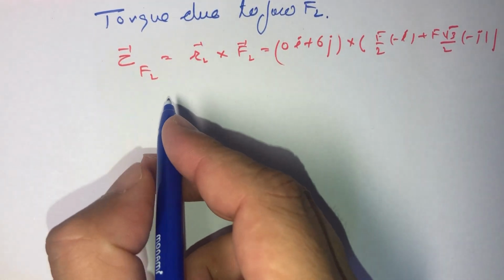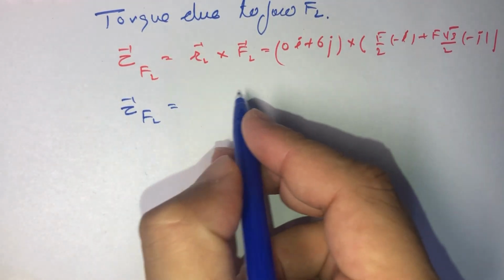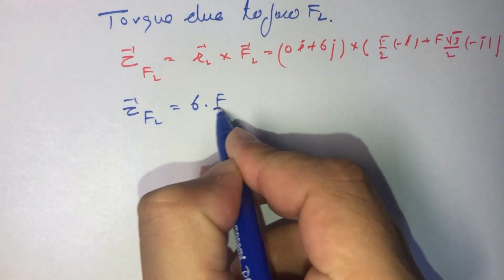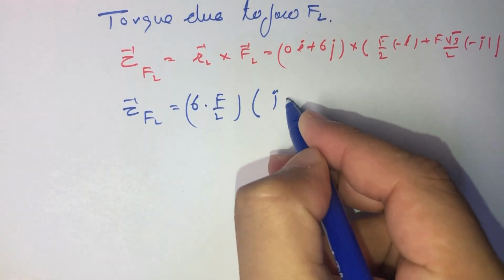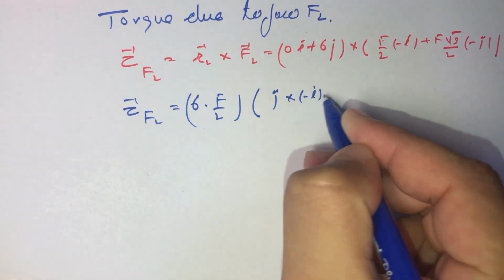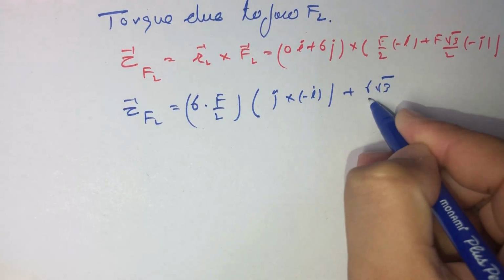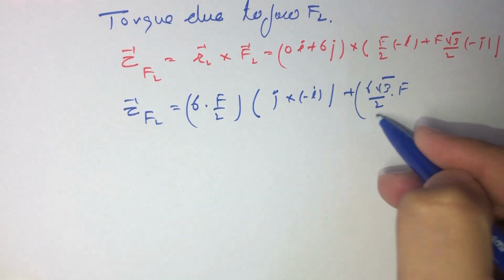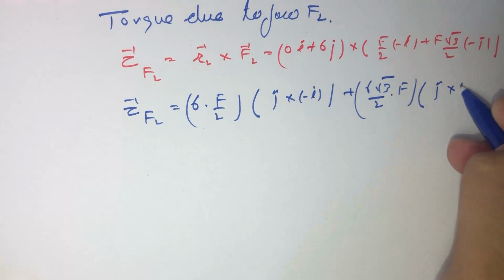Therefore, we can write this as tau F2 will be equal to 6 multiplied by F by 2 into j cross minus i, plus 6 square root of 3 divided by 2 multiplied by F into j cross minus j.